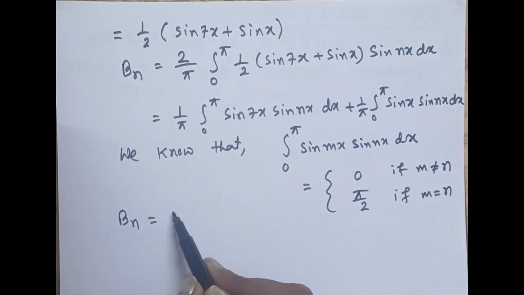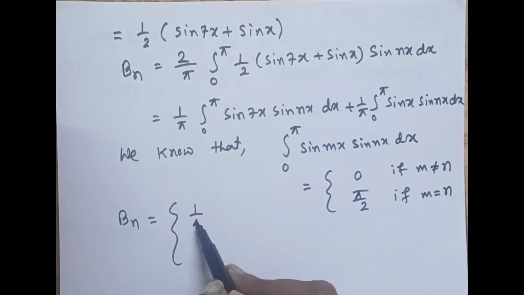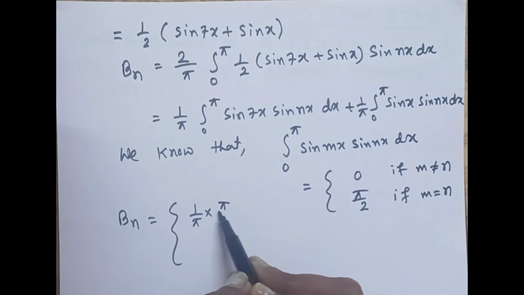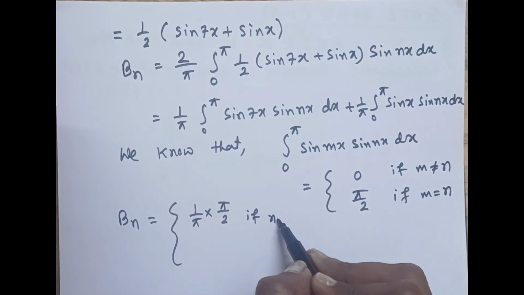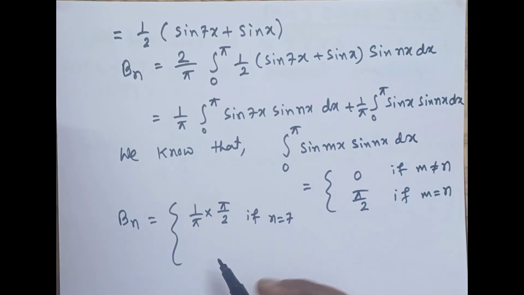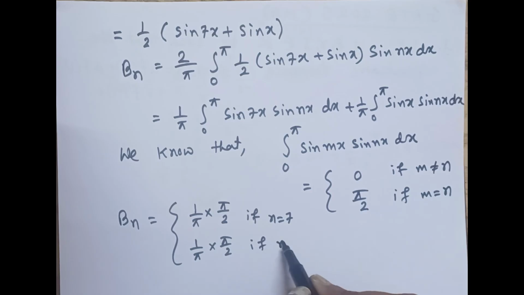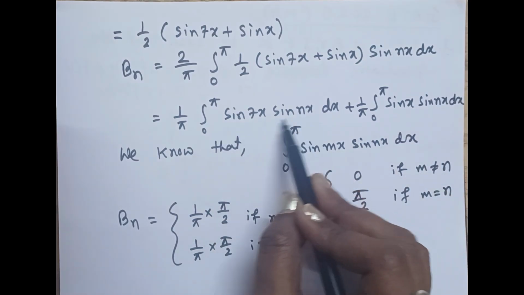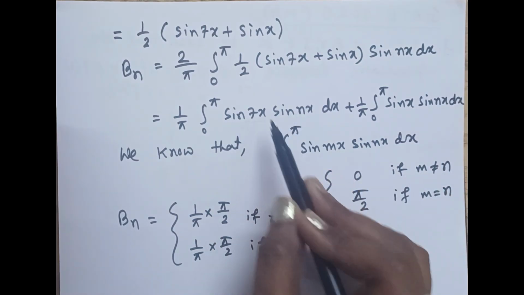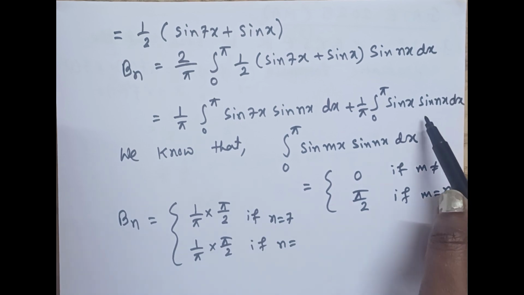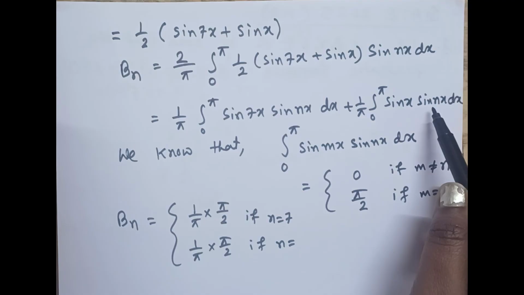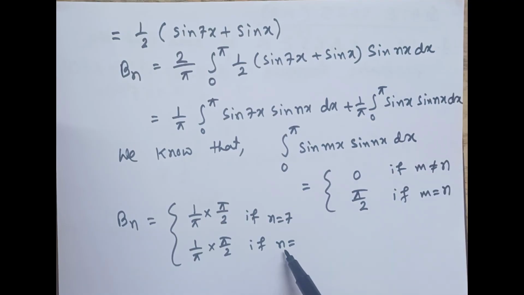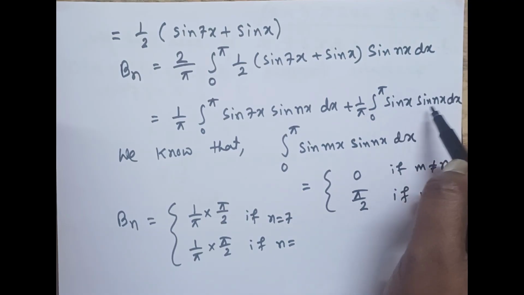So bn will be 1 by pi into pi by 2 if n equal to 7, because when n equal to 7 from the first integration we obtain the value pi by 2, and for n equals to 1 from the second integration we again obtain the value pi by 2, because then m equal to n.